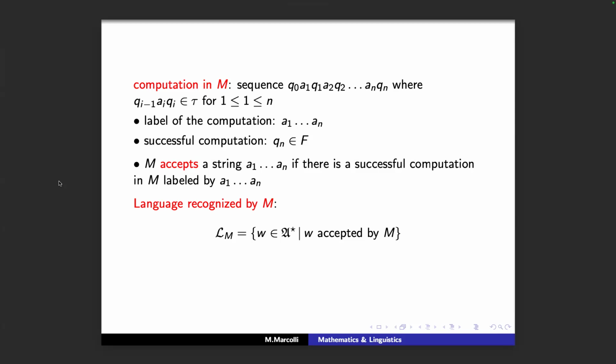It's like an instruction that I read on my tape, and if my machine can follow a path on the graph that corresponds to that sequence of instructions, then that sequence is realizable by the machine. So if all the words in a given language correspond to strings that can be computed, then that language is computed, or recognized, by the finite state automaton.